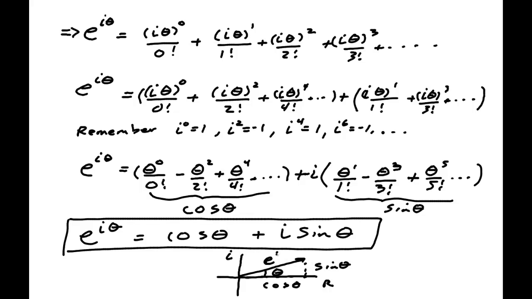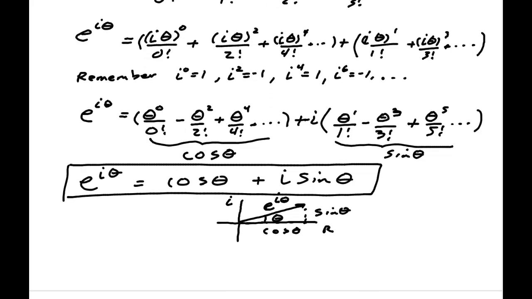And that arrow represents e to the i theta. Now, that theta doesn't have to be fixed. It could be omega t, in which case this arrow could be running around like this in circular motion. And we'll find that useful when we deal with harmonic oscillatory motion.